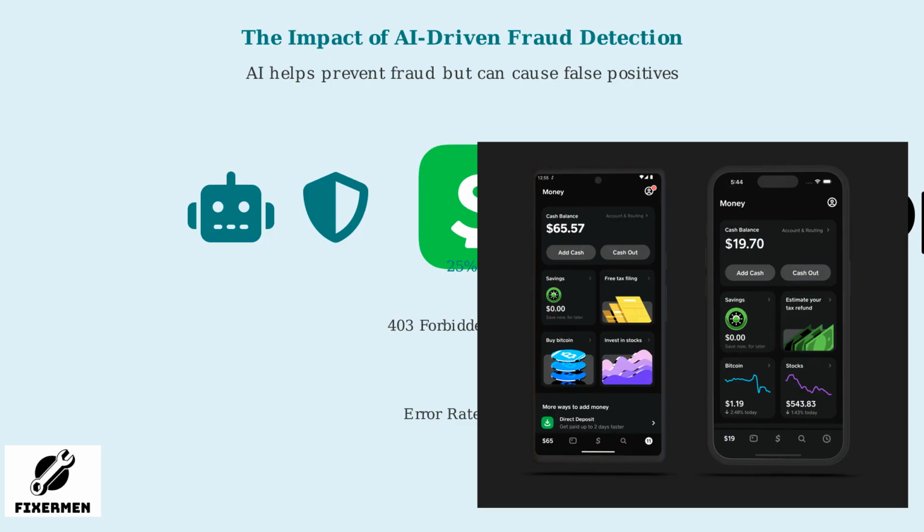The error rate from such false positives is significant, but can be reduced through proper verification. If you believe your account has been incorrectly flagged, the solution is to contact Cash App support directly to appeal the AI's decision. Support can review your case and resolve the issue, often reducing the error rate for affected users.